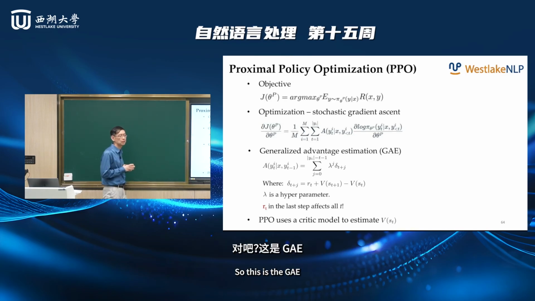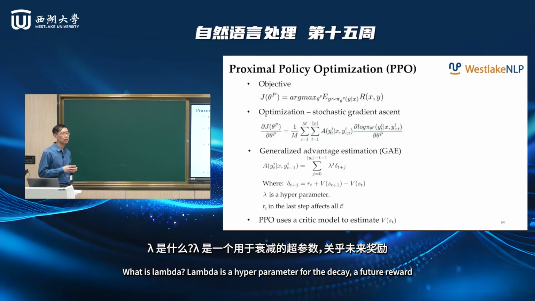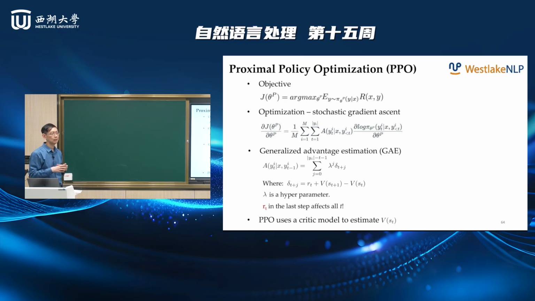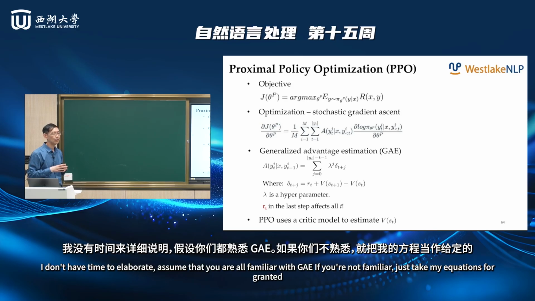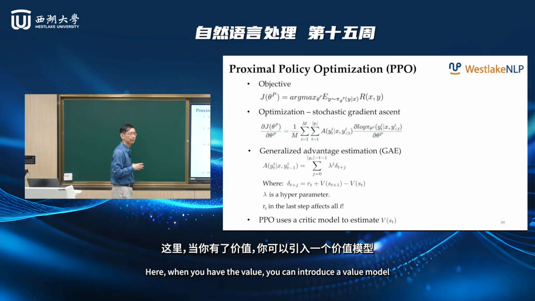So this is the GAE. What is lambda? Lambda is a hyperparameter for the decay of future reward. I don't have time to elaborate, but I assume that you are all familiar with GAE. If you're not familiar, just take my equations for granted.